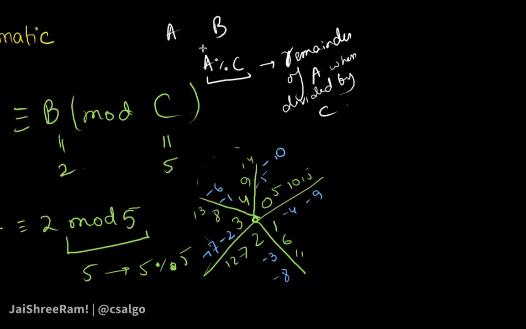So you find out A modulo C, you find out B modulo C. If they are both the same, then you say that they are congruent.